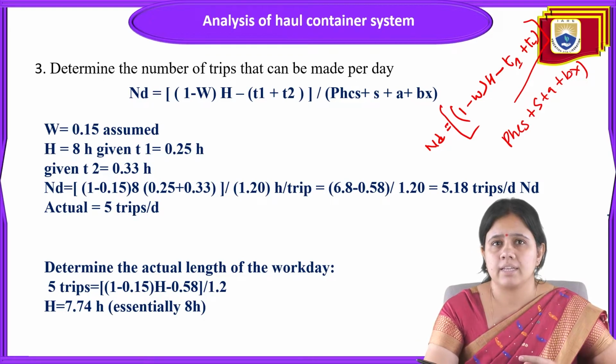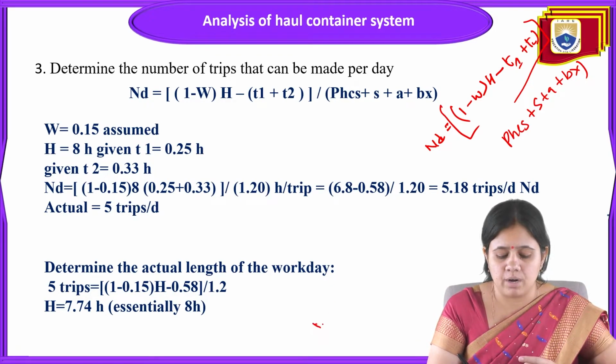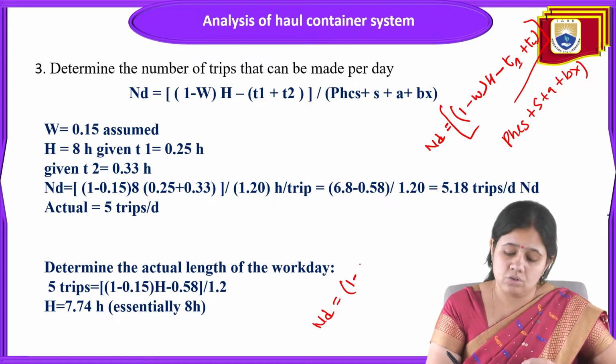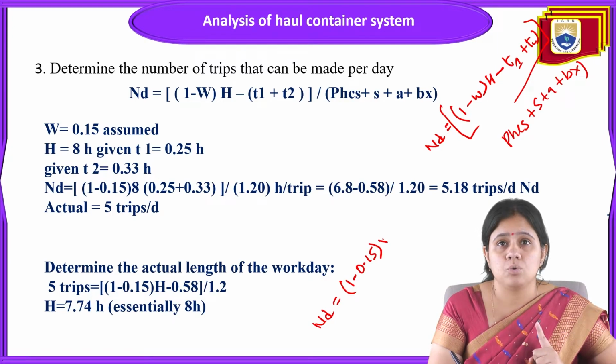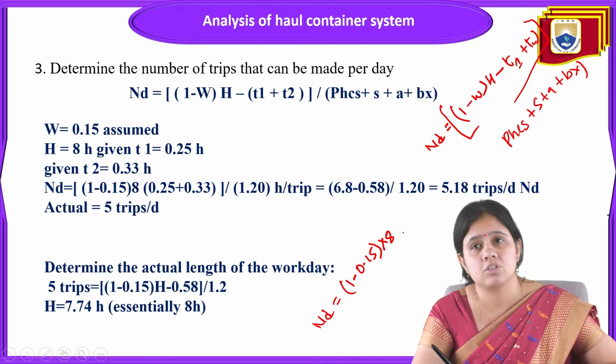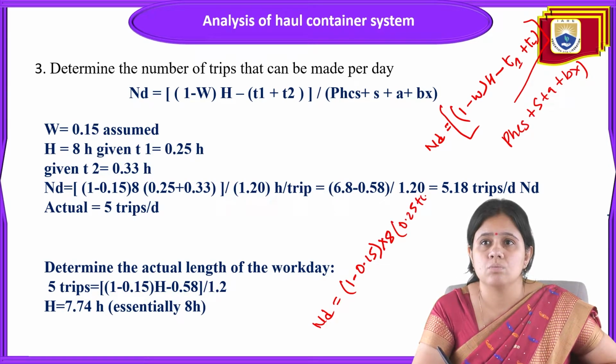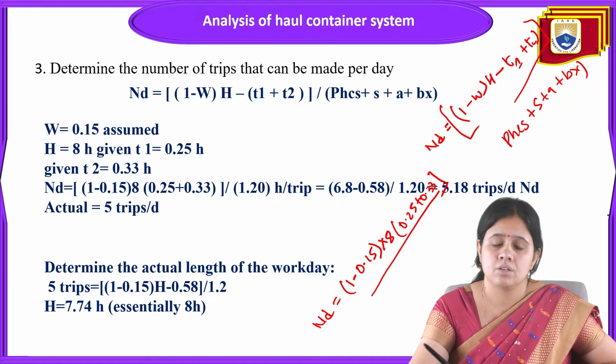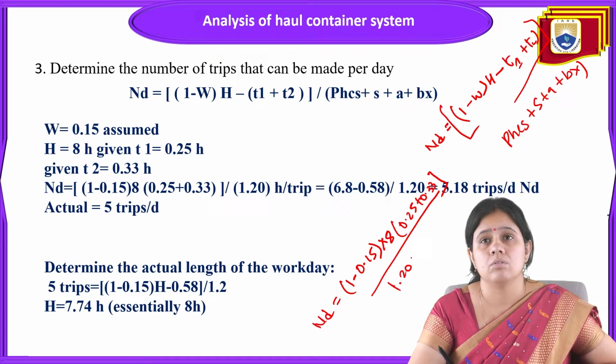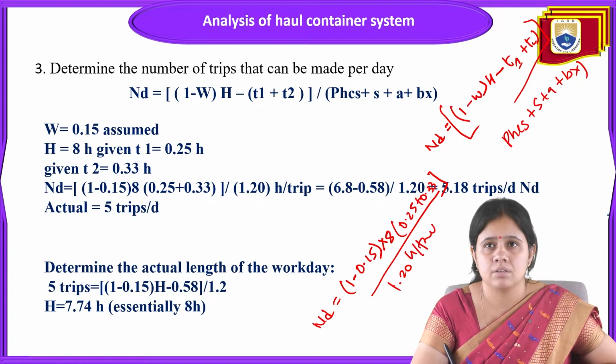So if we put in the whole formula, ND is equal to 1 minus 0.15, because this is the half hour pickup time, into 8, because 8 hours is the total operational time. Next is 0.25 plus 0.33, divided by 1.20 hours per trip.